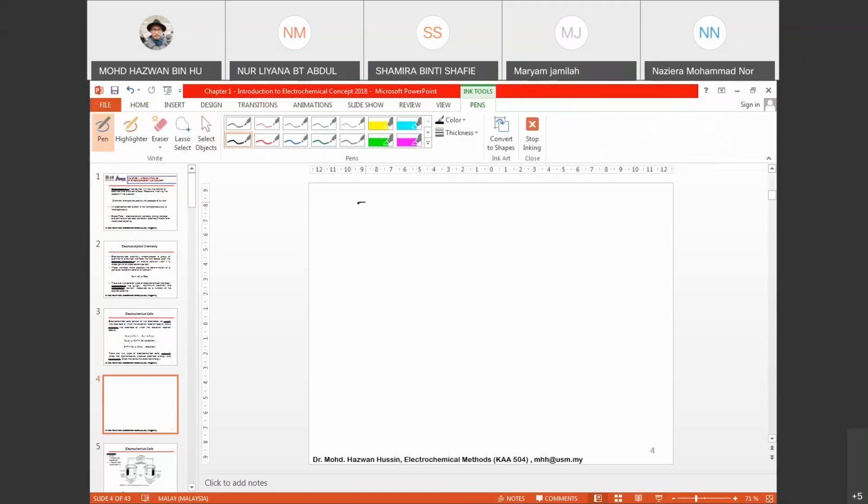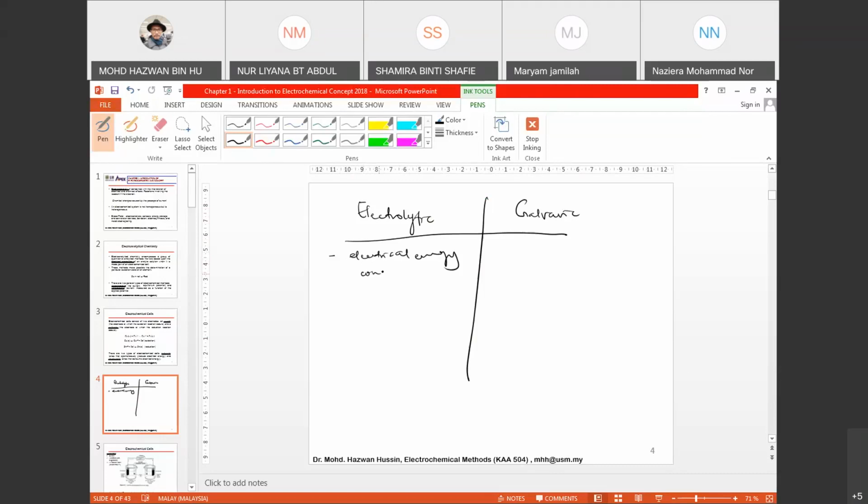So now we have electrolytic, and we also have a galvanic or voltaic cell. What will be the difference between the two? Electrolytic, in terms of the energy conversion, is where electrical energy is consumed and chemical energy is produced.